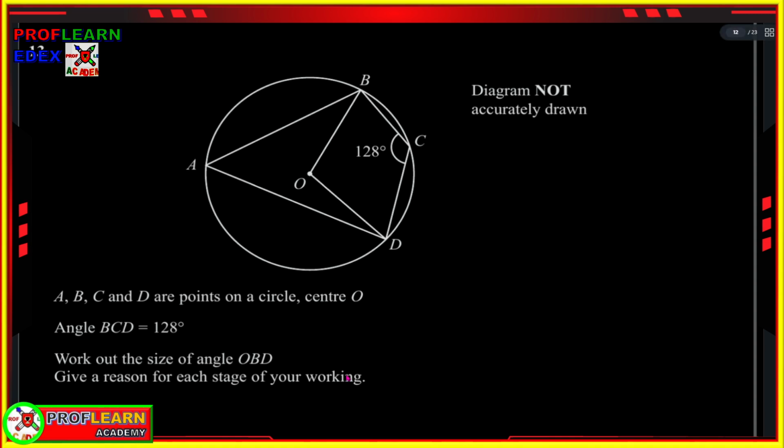All right, so let's look at circle theorem. Circle theorem is also a topic that we never miss in an exam.